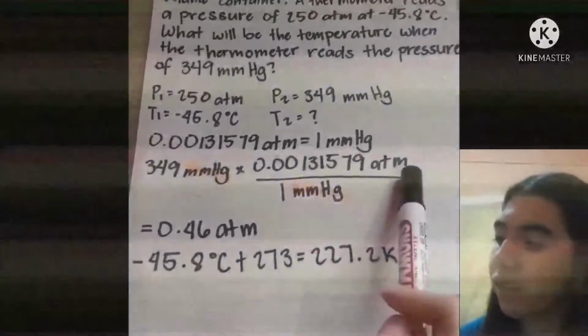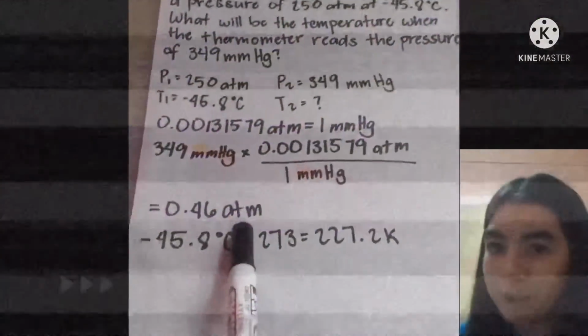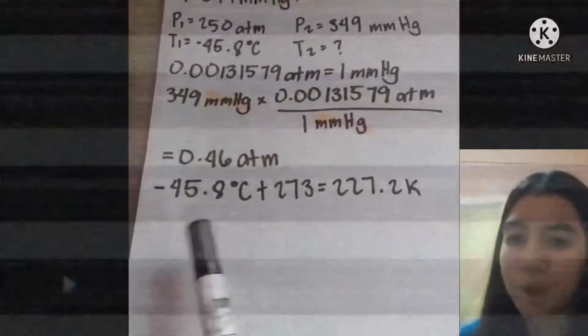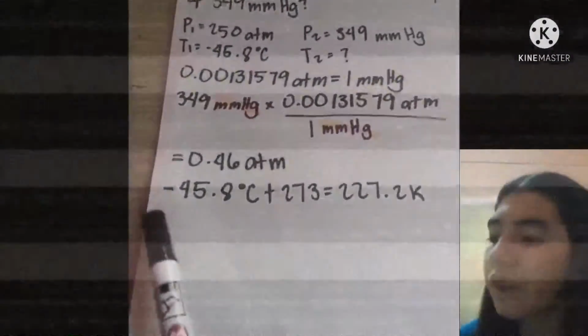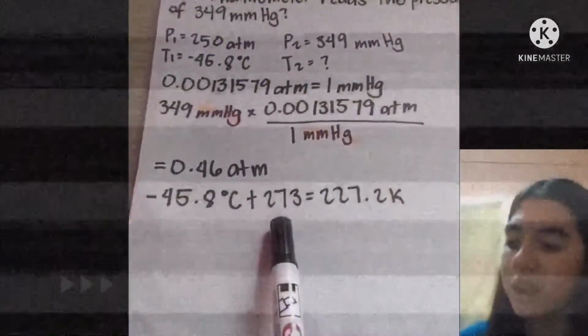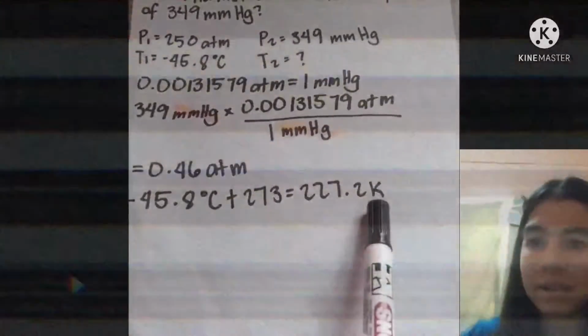So, ang magiging answer ay 0.46 atm. So, tapos na tayo sa pressure mag-convert. Next na i-convert natin ay yung temperature. Negative 45.8 degrees Celsius plus 273 is equals to 227.2 Kelvin.